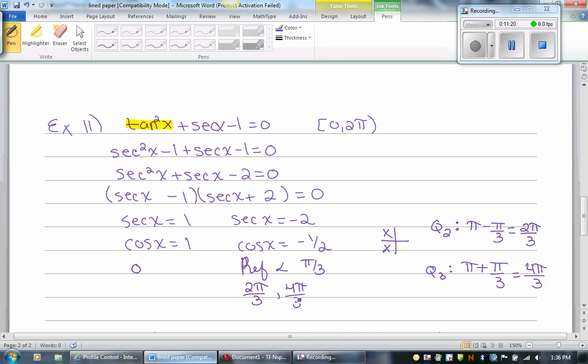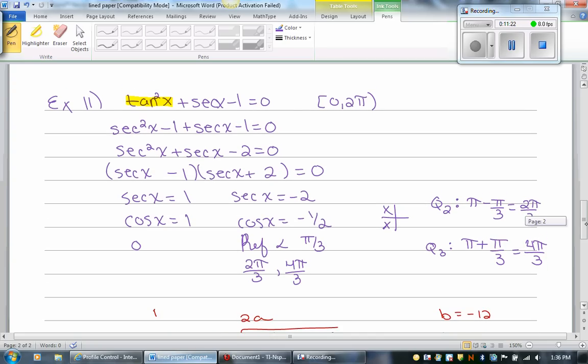Okay. So my solutions are 0, 2 pi over 3, and 4 pi over 3.